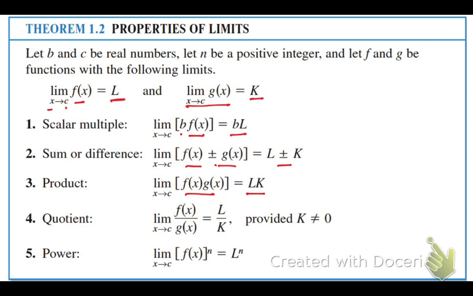Quotient would be division. If you're dividing them, you just divide their limits. And the limit of g can't be 0 because you can't divide by 0. They are going to have that every single time, right? Okay, power. If you have f of x to the n, you're going to take the limit to the nth power. So this makes sense.